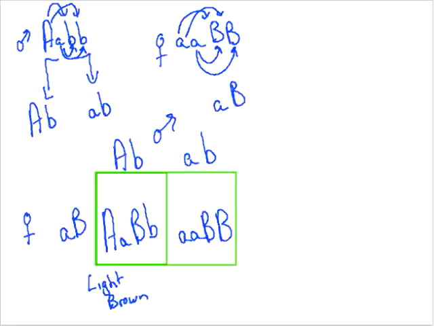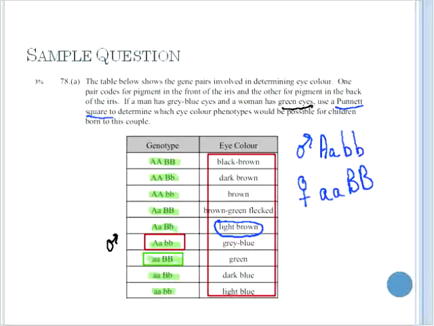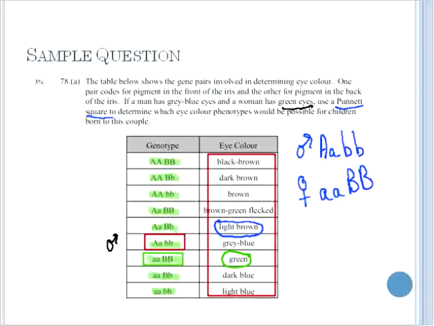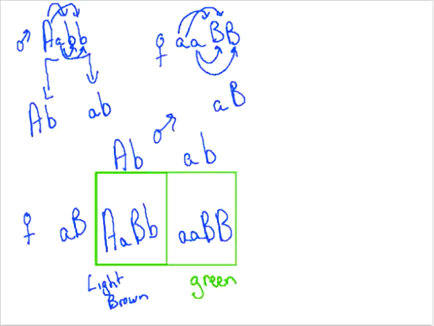The other possibility is little a, big B, big B. Little a, big B, big B would give you green. The question asks, what possible phenotypes could be created? The answer then would be light brown and green.